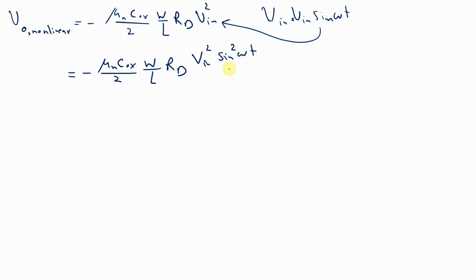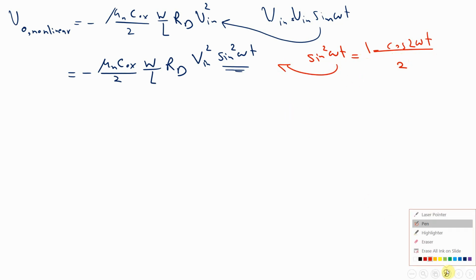Now I'm going to simplify this formula by this one in here. If you all remember from your high school, sine squared omega t, you can rewrite it as 1 minus cosine of 2 omega t divided by 2. I'm going to substitute this into this one.